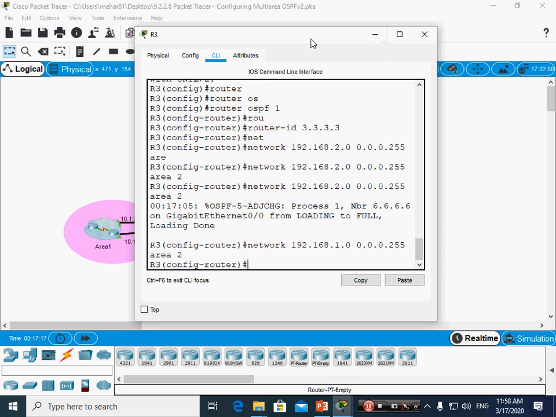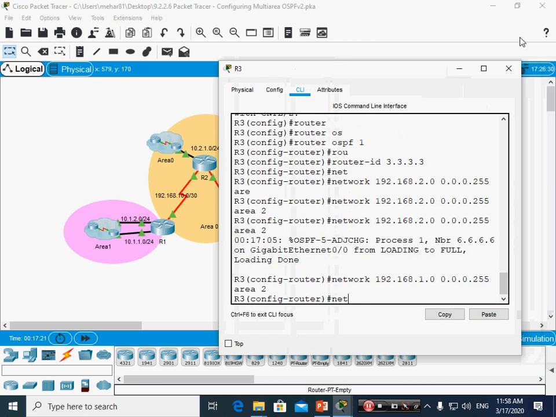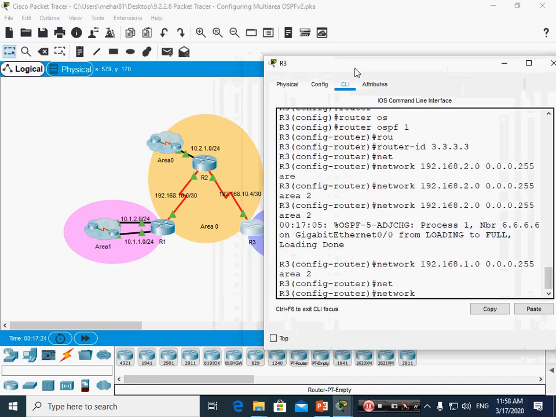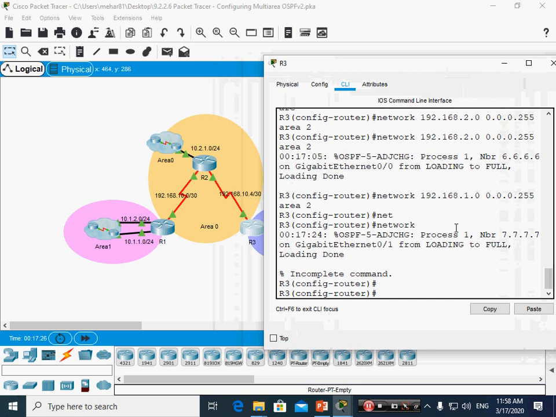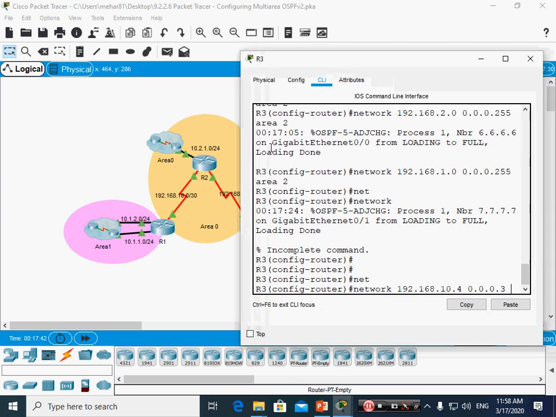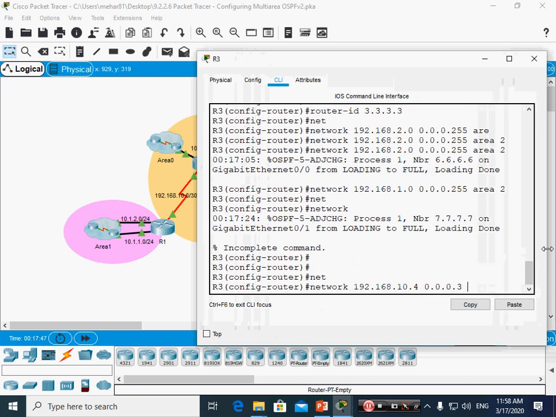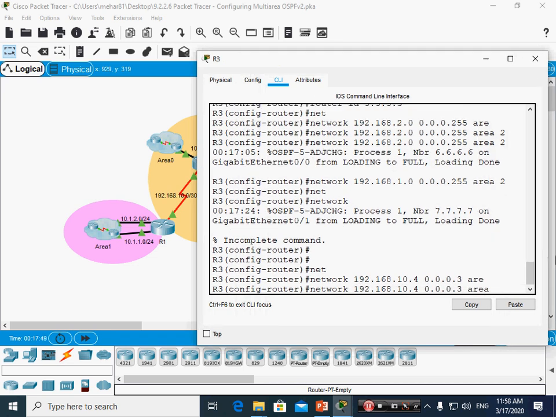Then there is another network we need to configure, the 10.4 network also, but it is in area 0. Network 192.168.10.4 0.0.0.3, and now we need to mention the area: area 0.